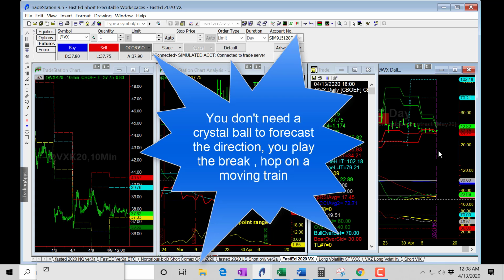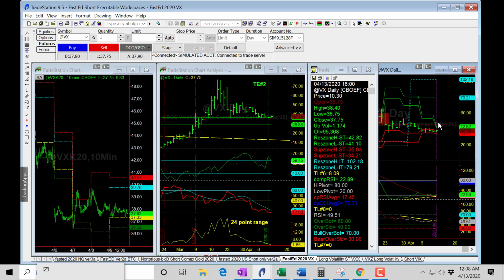On the other hand, volatility could break out, okay, which would mean the stock market is going down. The overbought, oversold model that we have created is currently on a buy signal for volatility. It's an out of gear buy signal. So we're going to have a bias to the upside.